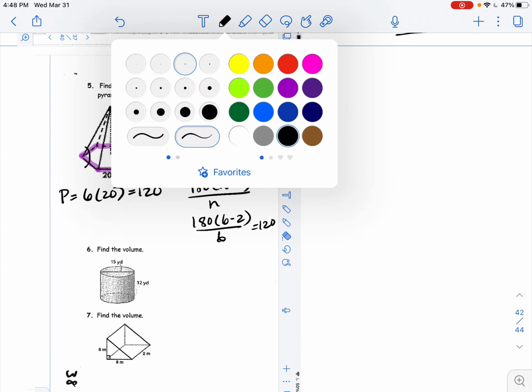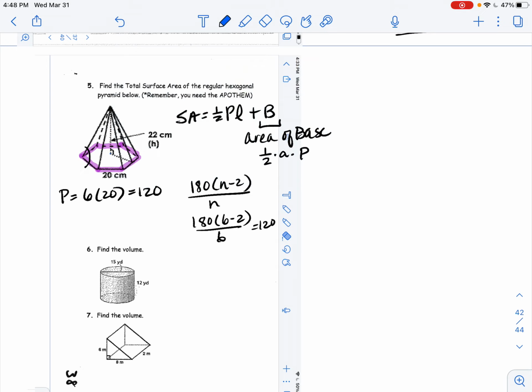Let's go ahead and divide one of those angles in half. I'm going to draw my triangle. This is just like we did back in Unit 7. If each of these angles is 120, and I cut it in half, on my triangle I'm going to have a 60-degree angle. So this is a 30, 60, 90. It's going to be half of the length of one side, so this is going to be 10.